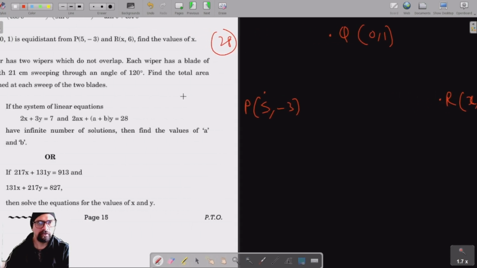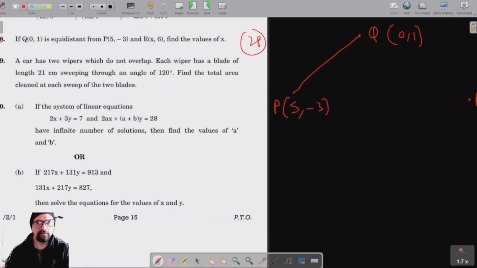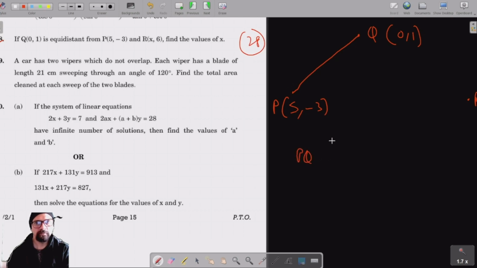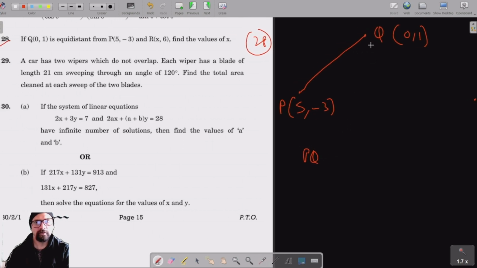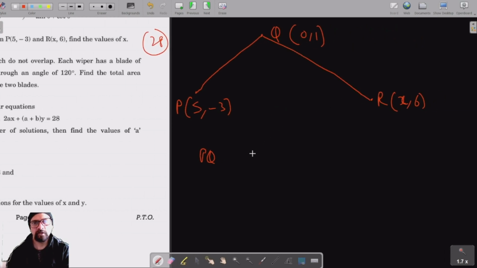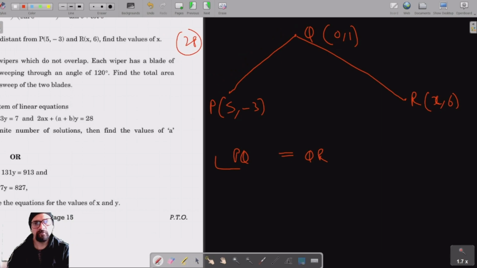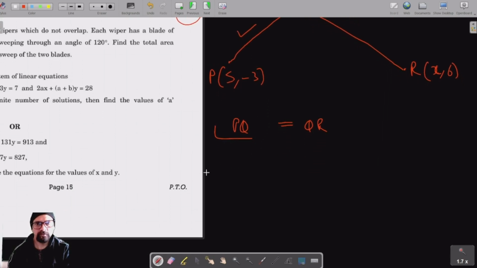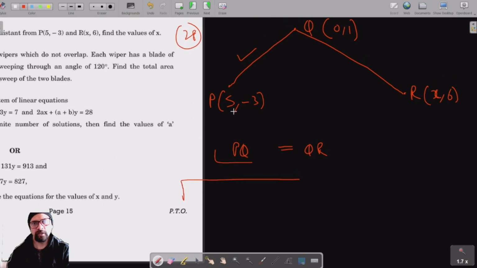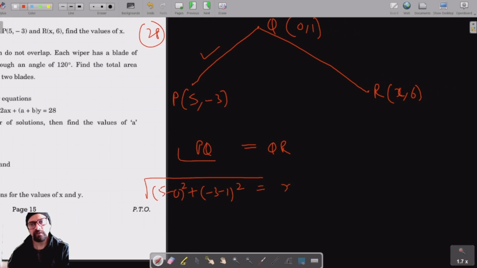Q is equidistant means the distance of Q from P, which is PQ, and the distance of Q from R, which is QR, are equal. Now we find the distance using the distance formula. So under root, 5 minus 0 the whole square plus minus 3 minus 1 the whole square is equal to, for QR, x minus 0 the whole square plus 6 minus 1 the whole square under root.